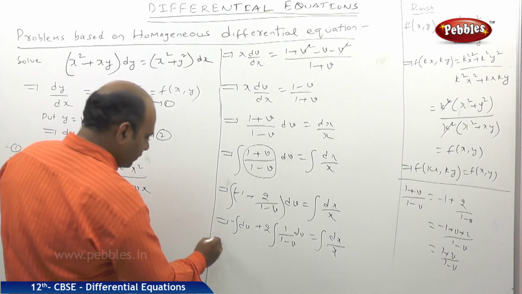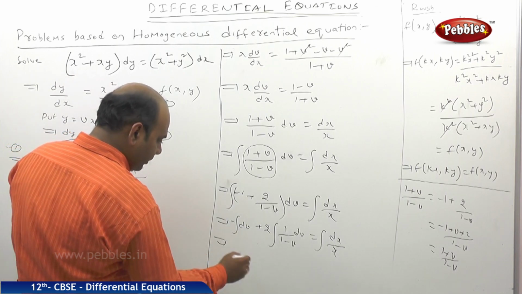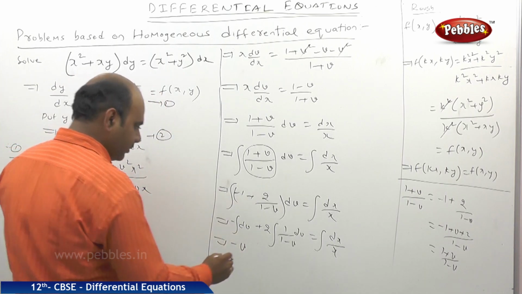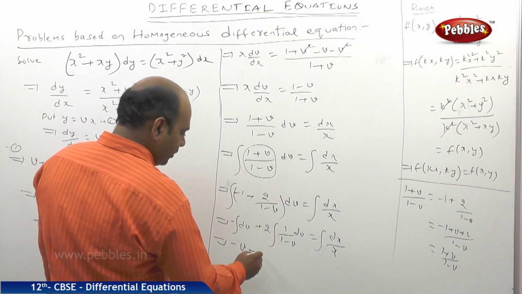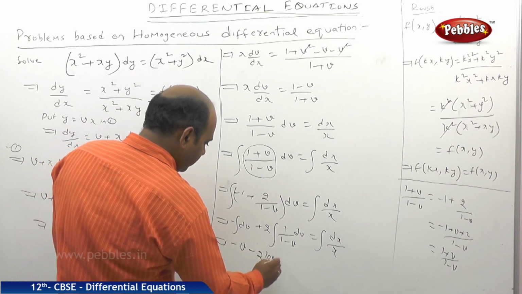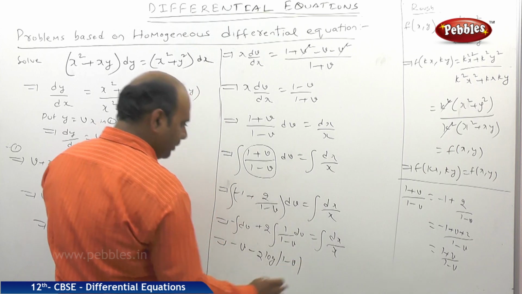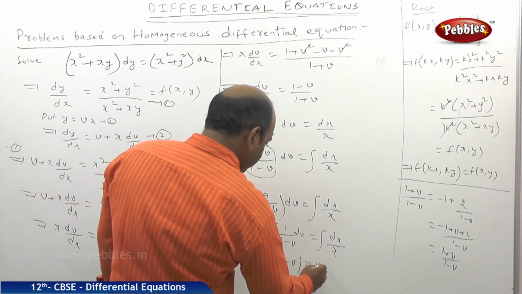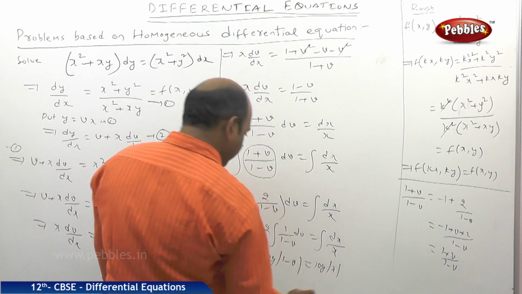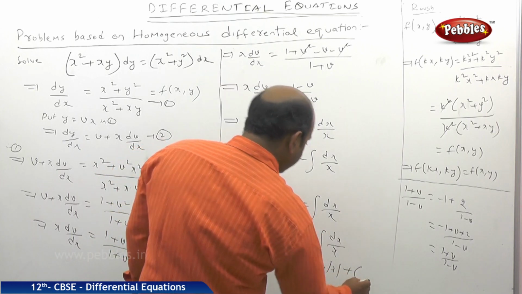So integral of dv means v only, so here minus v comes, and here minus 2 into log mod 1 minus v is equal to log mod x plus c.